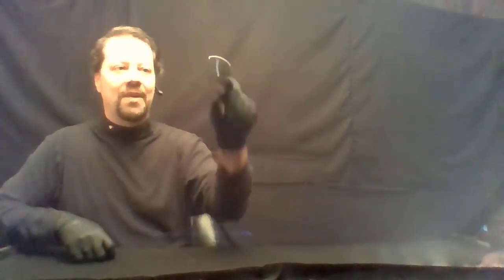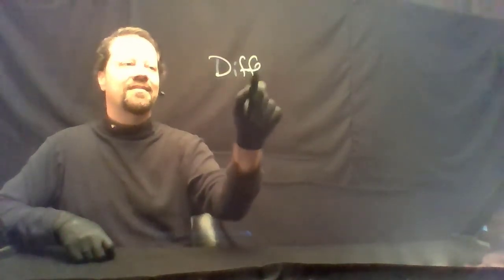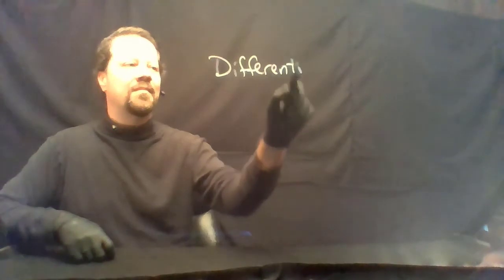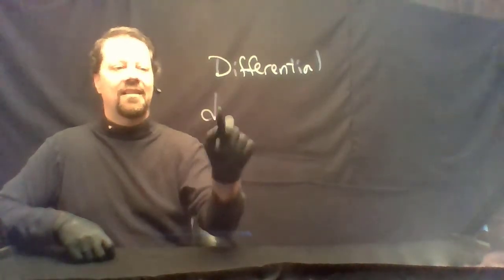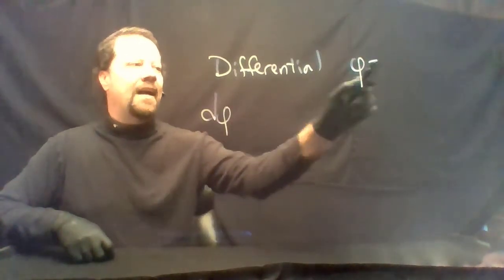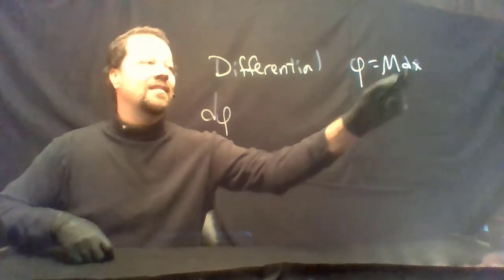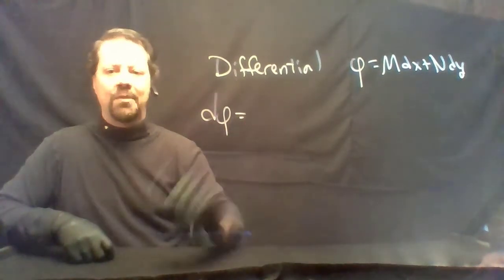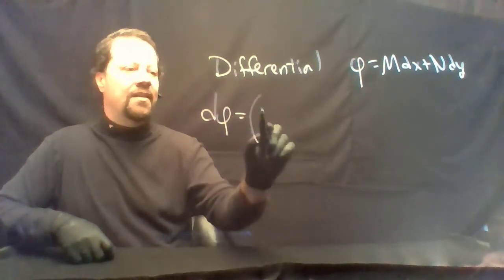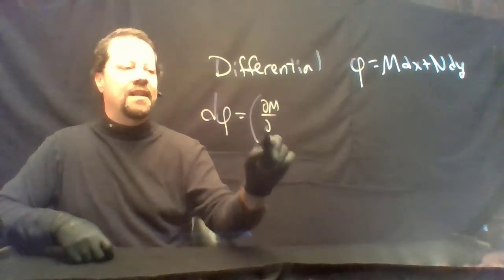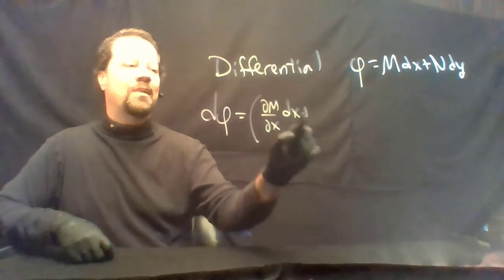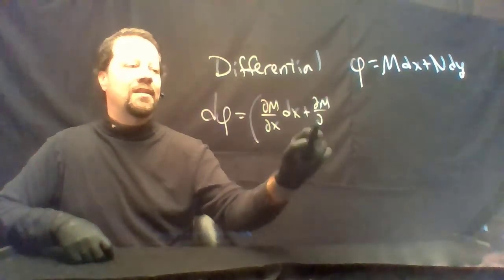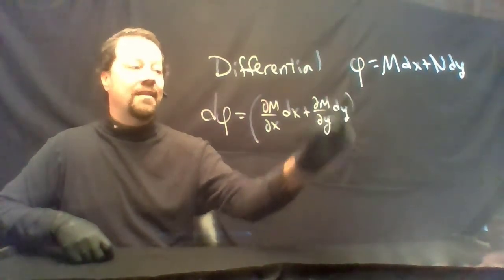Now I need to define what I mean by the differential of a one-form. If phi is m dx plus n dy, then d phi will be calculated as follows. You'll calculate dm/dx dx plus dm/dy dy.